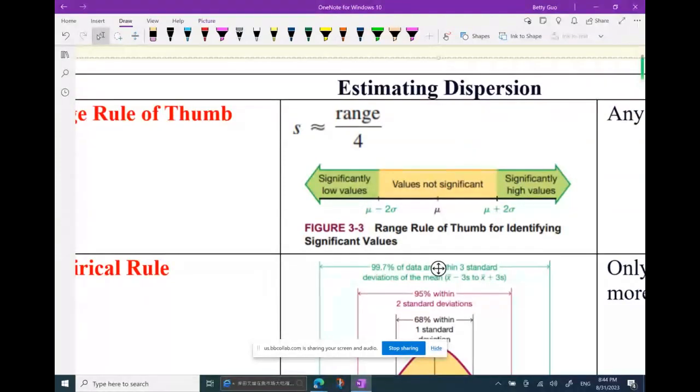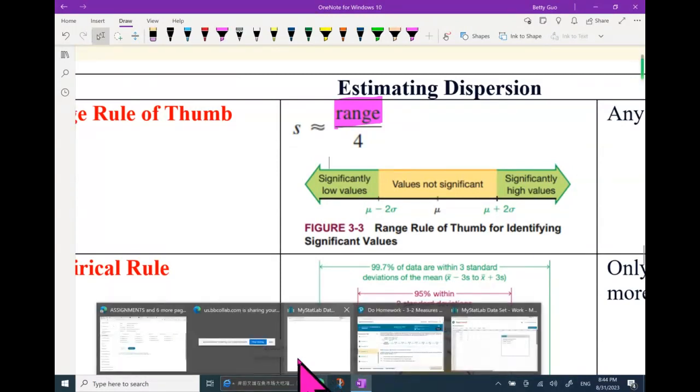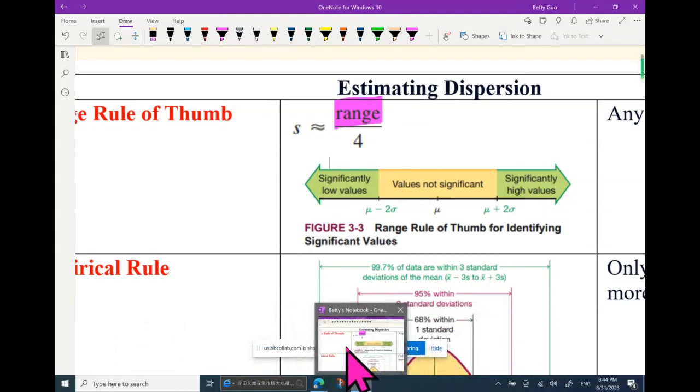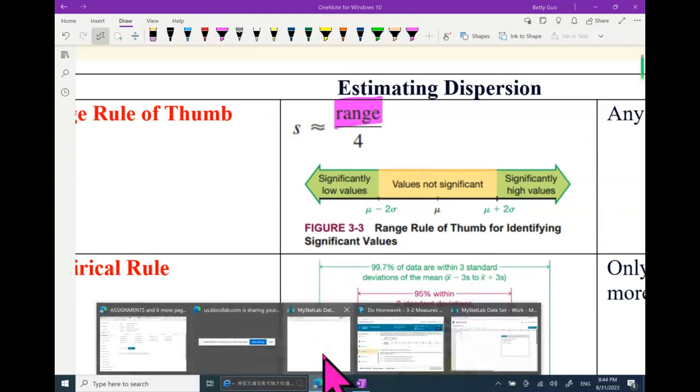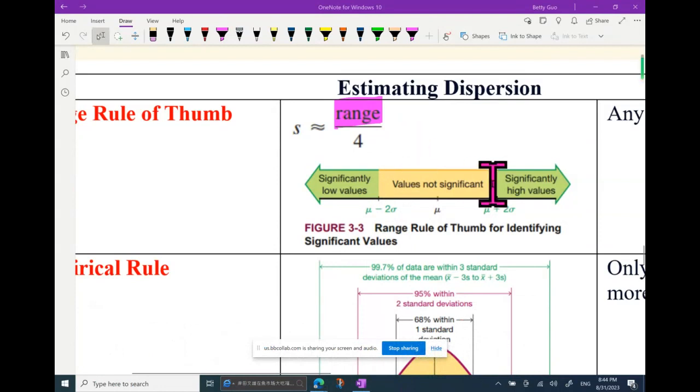The first thing, if we know the range of the data set, what's the formula for finding the range of the data set? That's the first thing we learned today, right? How do we find the range? It is maximum minus minimum, right?